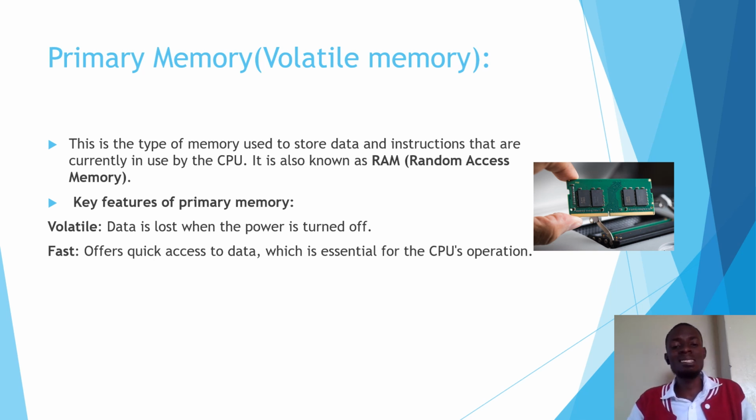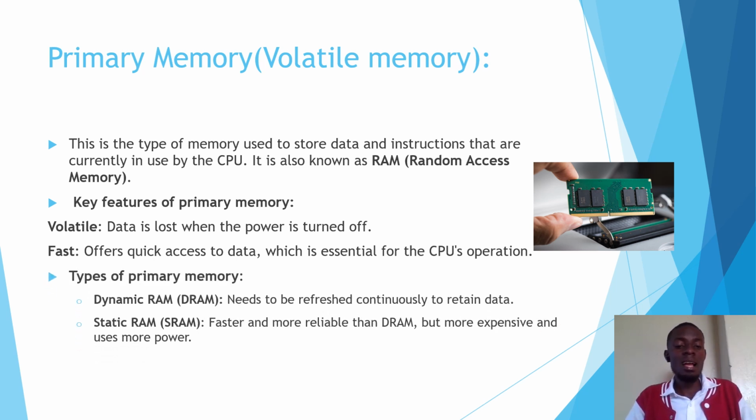RAM offers quick access to data, which is essential for the CPU's operation. As I told you, it is easily accessed by the CPU. Therefore, it offers quick access to data. The CPU finds the data, the instructions quickly from the RAM. And then let's go ahead and look at the types of primary memory.